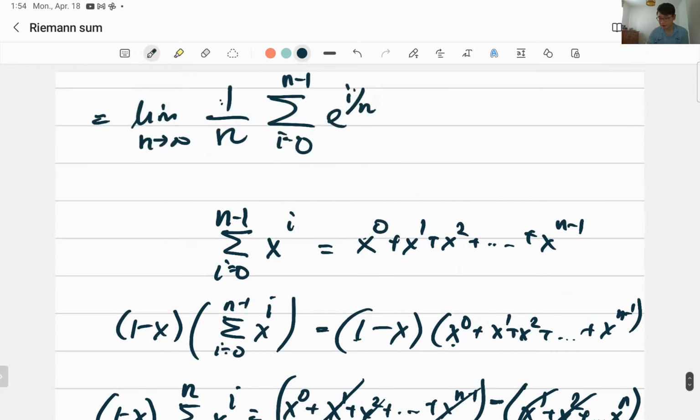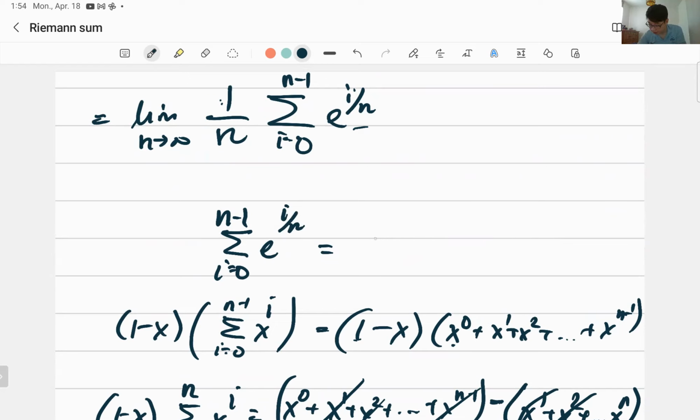The same thing happens. So if I have e to the power of i over n, all I have to do is change everything here to 1 over n, right? That means everything here is e to the power of 0 over n plus e to the power of 1 over n, plus dot dot dot until e to the power of n minus 1 over n, right?